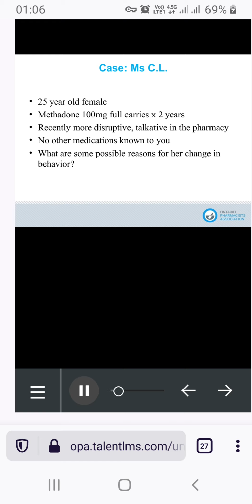Recently more disruptive, talkative in the pharmacy. No other medication known to you. What are some possible reasons for her change in behavior? More disruptive and talkative.